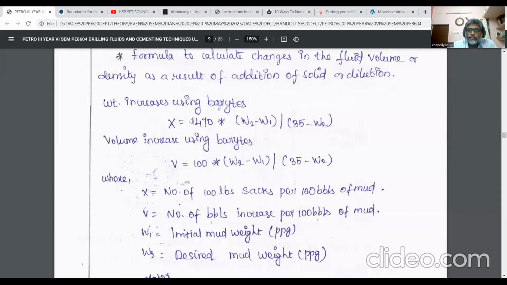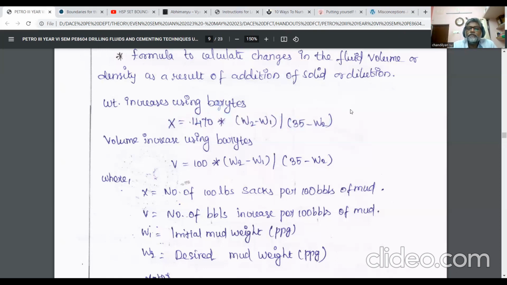Upon addition of 3 spoons of milk powder to 1 mug of coffee, what could be the increase in volume of the entire coffee? Replace the word coffee with drilling fluid. Upon addition of the weight-adding material barite, X is equal to 1470 W2 minus W1 divided by 35 minus W2.